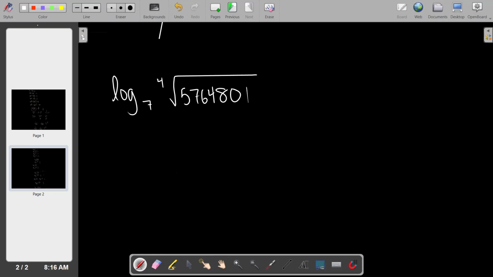So I just rewrite this, without any technological assistance, as log base 7 of the fourth root of 7 to the power of 8. And there's the redundancy. This and this are the same. Therefore my answer is simply the ratio of yellow over red. What is 8 over 4? The answer to this was 2 from the beginning.